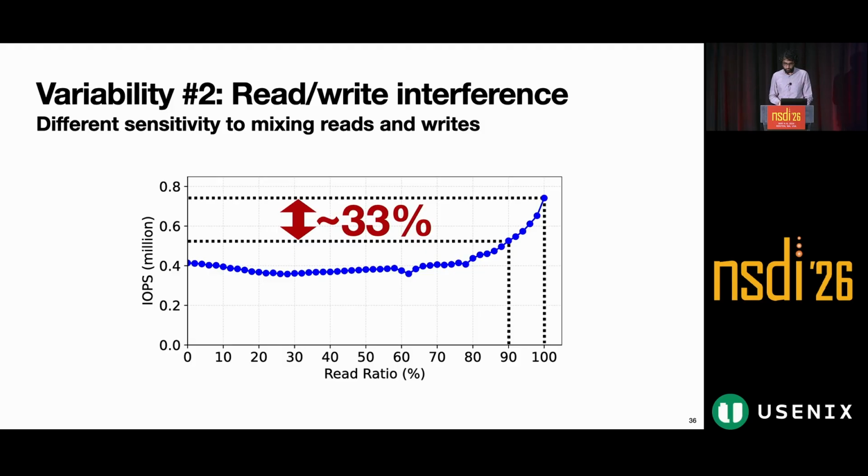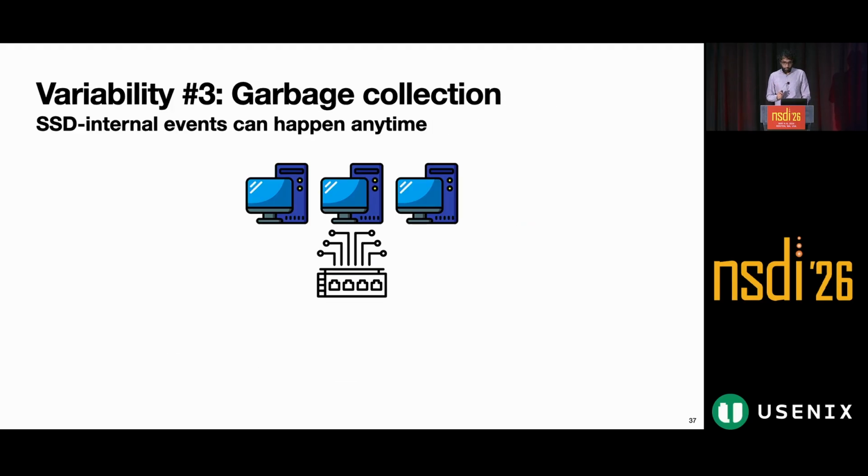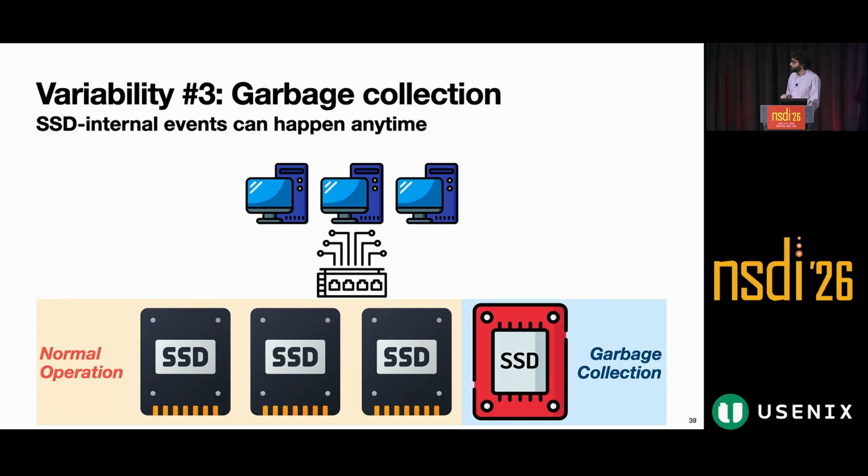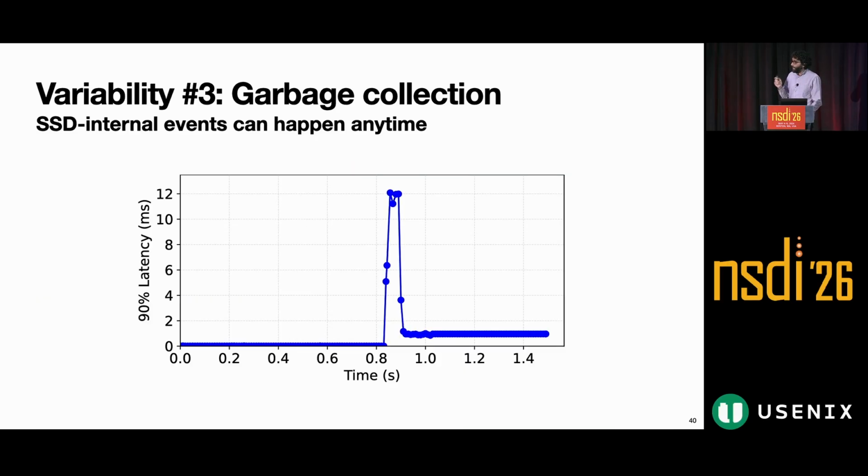And finally, there are SSD-internal events that you cannot control from the software stack. For example, garbage collection is triggered by the SSD firmware, which you have no control over and which can happen at any time. Most of your fleet might be operating completely normally, but a subset of them might start doing garbage collection. What this looks like is a spike in tail latency. On the x-axis, you have a timeline, zooming into about 1 second of time.